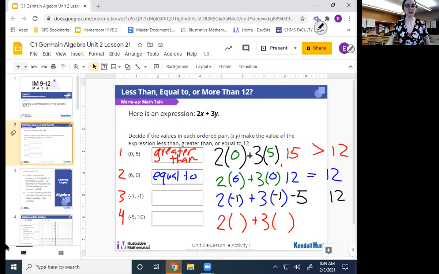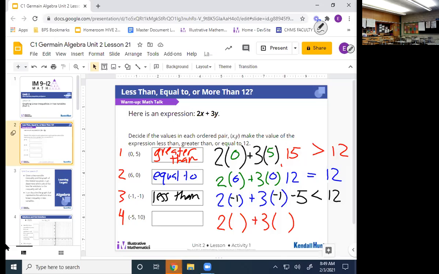Which symbol did we put in here? Less than. Very good. Because 12 is, oh, that's the wrong way. I put it the wrong way. Look at me, I caught it. Nice job. Less than.